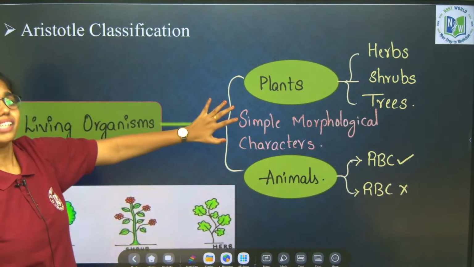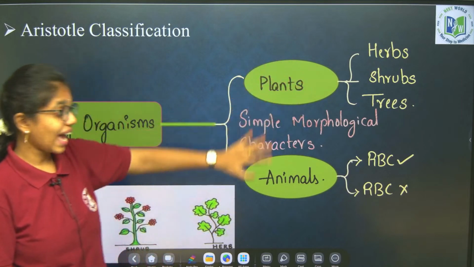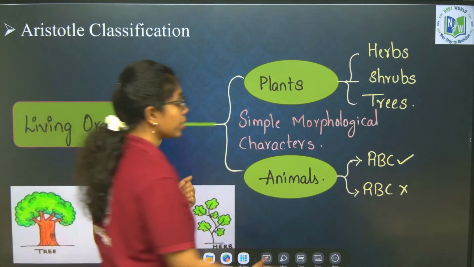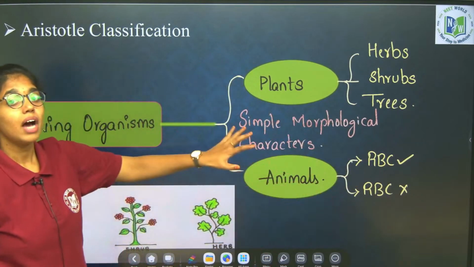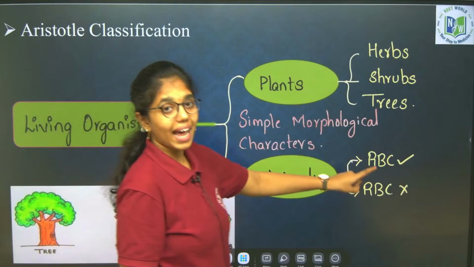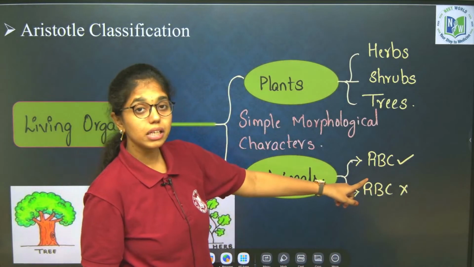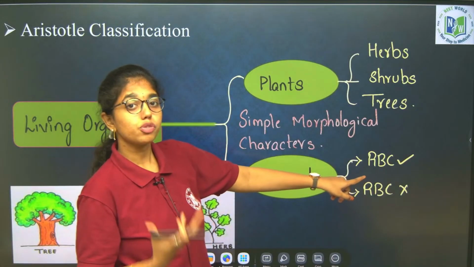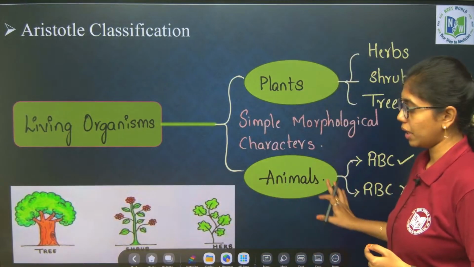Animals are classified into those which have RBC and those which do not have RBC. Those without RBC are anaemic, and those with RBC are enaima, do remember.